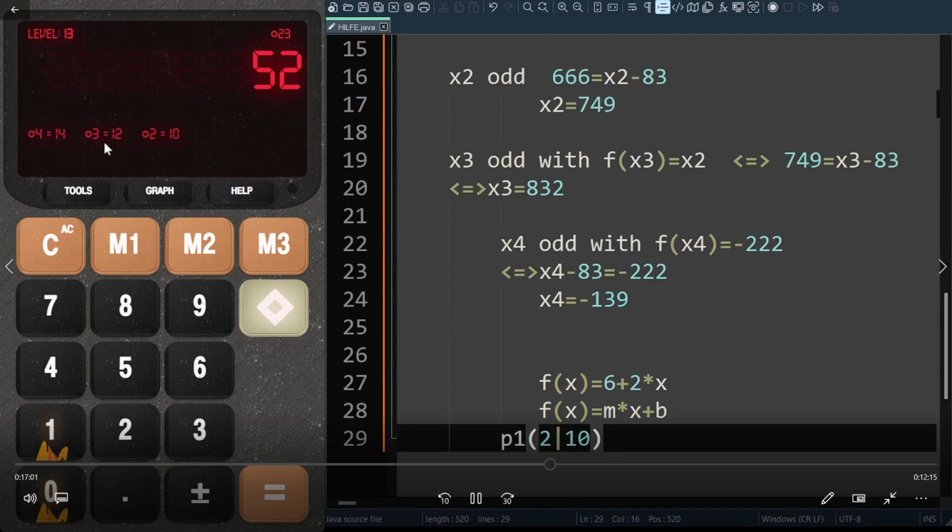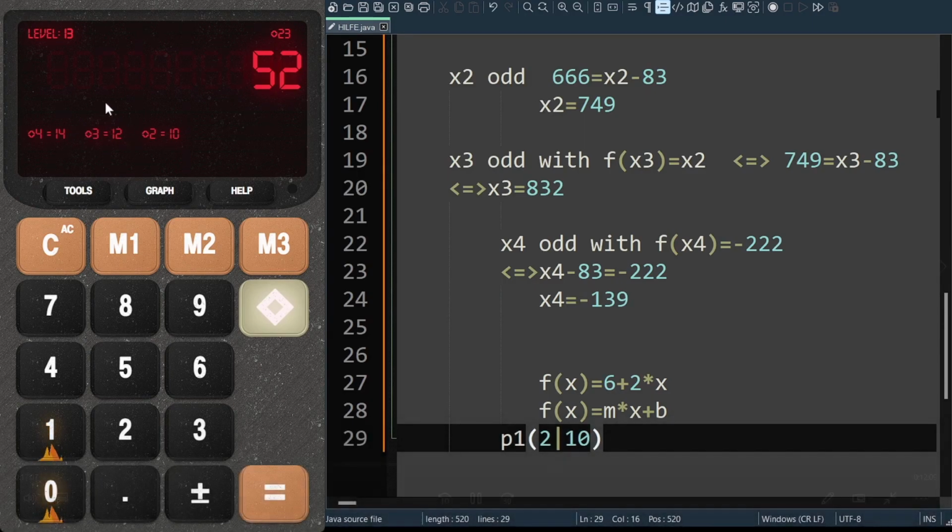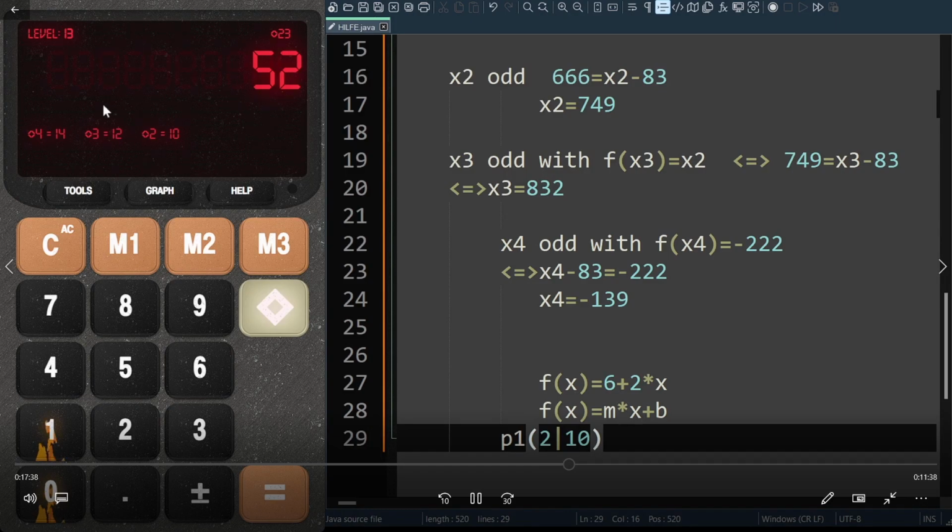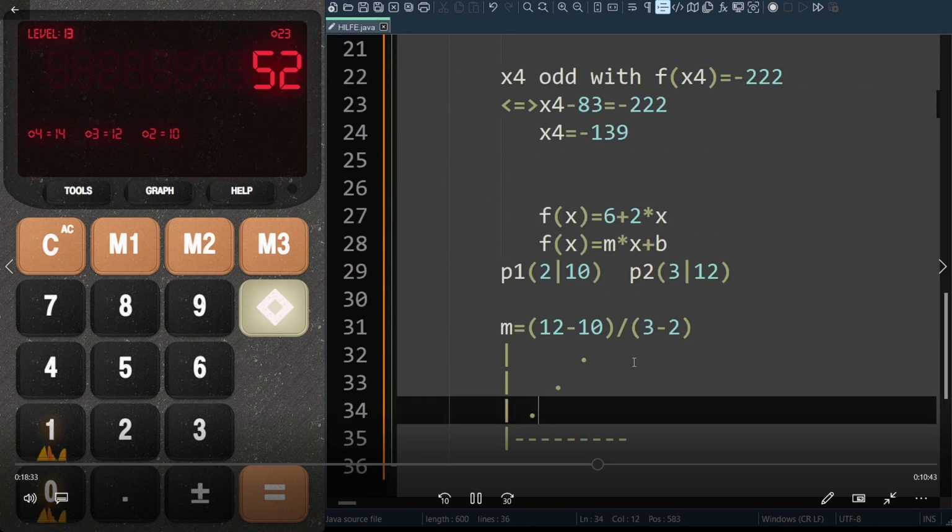I'm looking at two of the points on this graph, which are (2, 10) and (3, 12). And I'm using those 2 points and graphing them basically. This is just more so an image because this graph here doesn't really say anything, but you can actually graph those numbers.